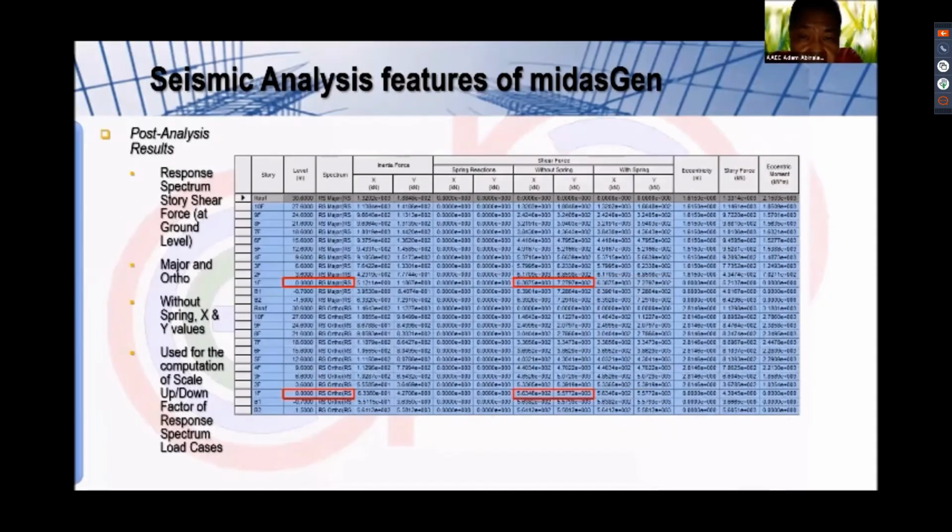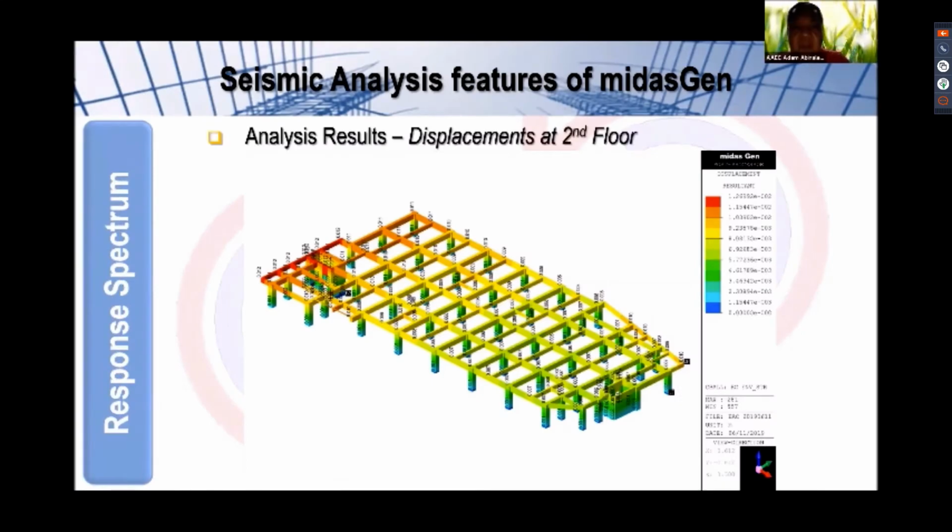And then, of course, we apply that scale factor, the static base shear divided by the response spectrum base shear, and then we run it again so that we'll be able to come up with these analysis results.